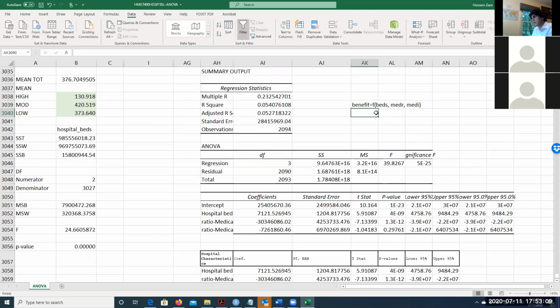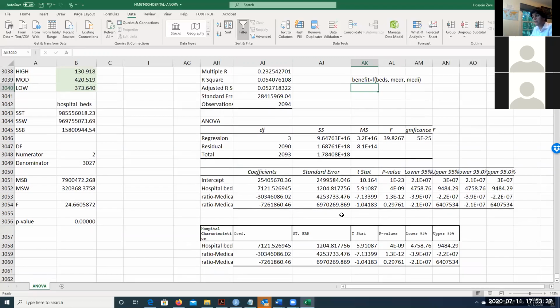Any positive sign on the right-hand side will increase the benefit. Any negative will reduce the benefit. This is a linear model, right? But you should also look at the p-value. If the p-value is significant, then you can say there is a positive or negative relationship.